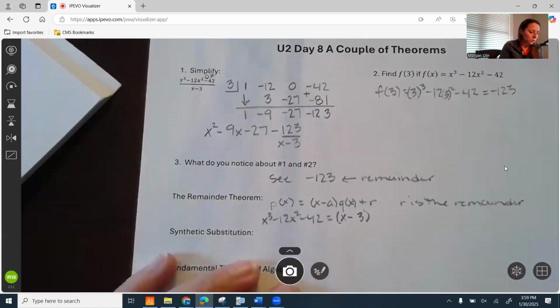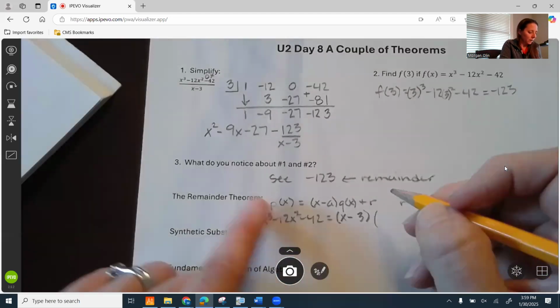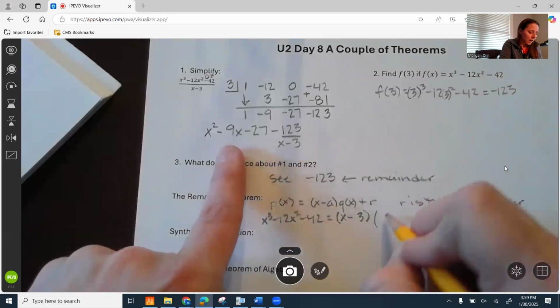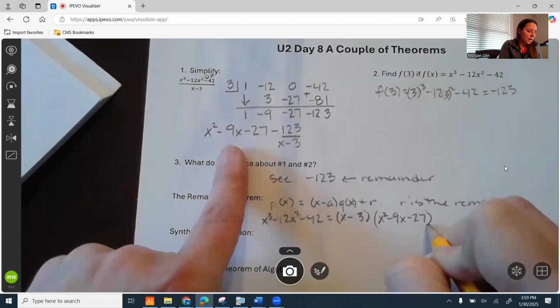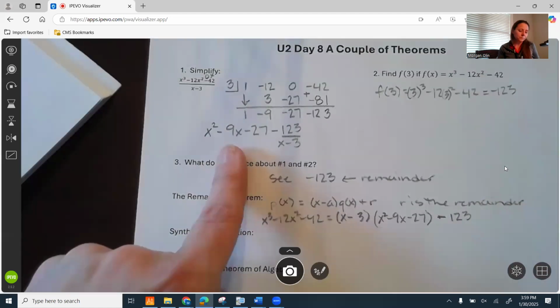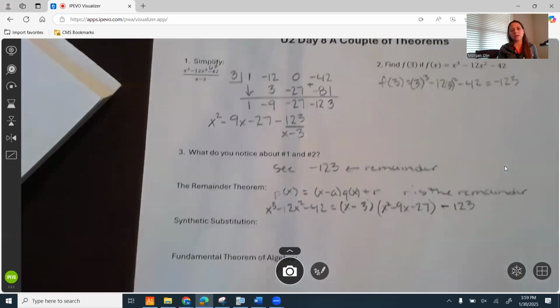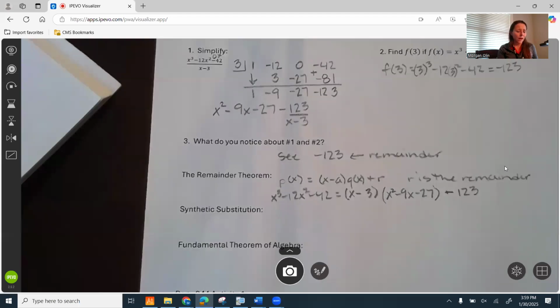So if I multiply this by x squared minus 9x minus 27, and then add our remainder, so negative 123, that's what that means right there, where r would be our remainder.